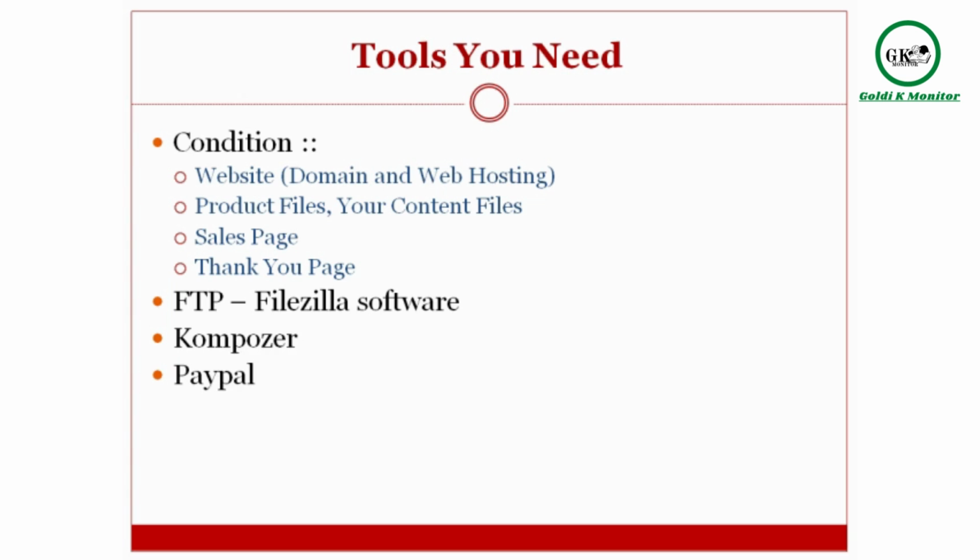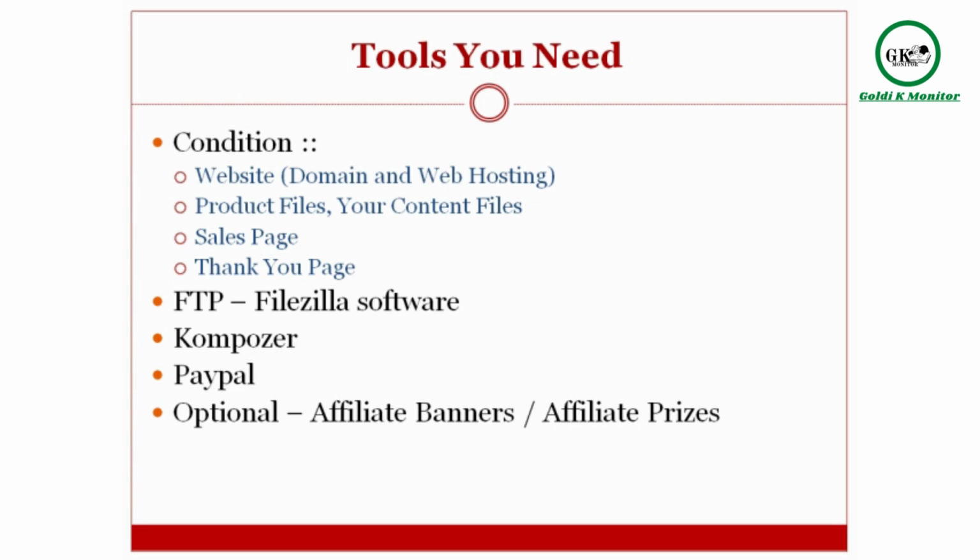In order to use JVzoo, you must have PayPal. If you don't have PayPal, then you cannot use JVzoo because JVzoo pays through PayPal. And you do need a PayPal business account. And also optional, you would like to have affiliate banners and affiliate prizes for your affiliate program and affiliate contests.